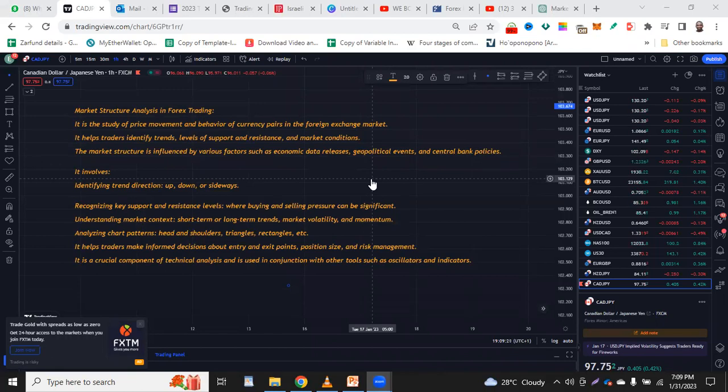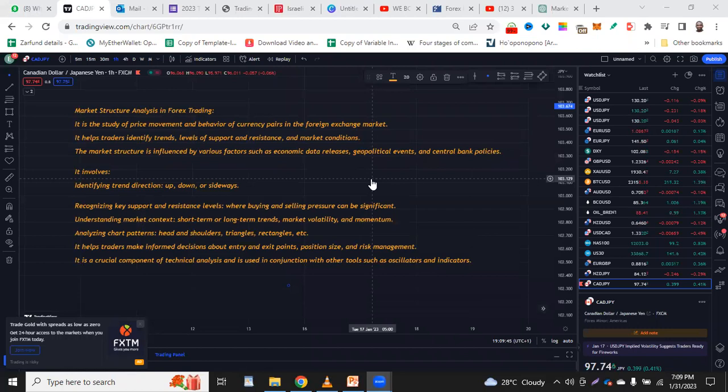When you hear structure in the market, there are several things that make the formation of a structure happen. All of that is what we mean when we say economic data release, geopolitical events, central bank policies.